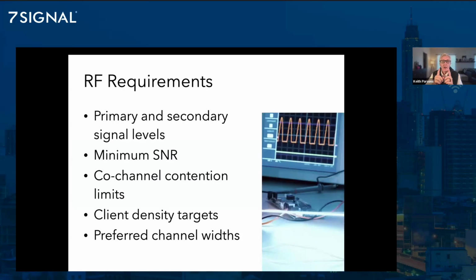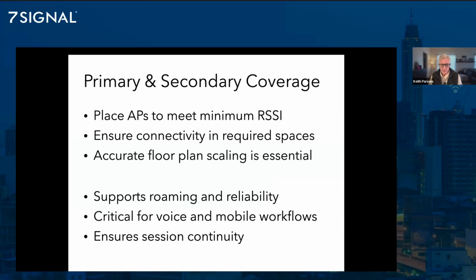Because I would rather have two 20 meg channels, each with their own lesser bandwidth, than two APs on the same 40 megahertz channel contending the entire time. My net throughput goes up when I lower that contention. So channel widths are a part of the equation that goes into play with co-channel contention.